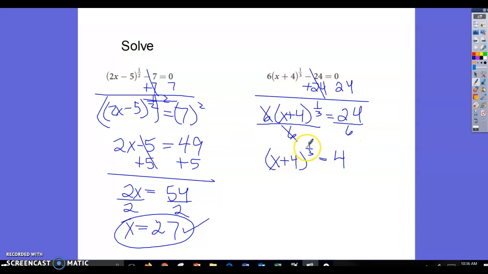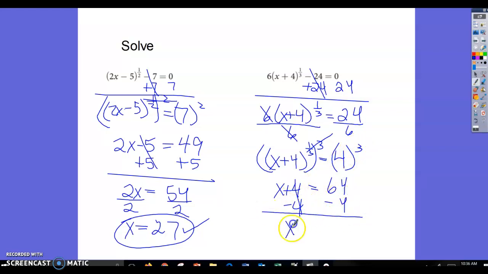And then this is to the 1/3 power, which is the same thing as a cube root. So I'm going to cube both sides. So 1/3 of 3 is 1, so that just leaves x plus 4. 4 cubed is 64 minus 4. X equals 60.